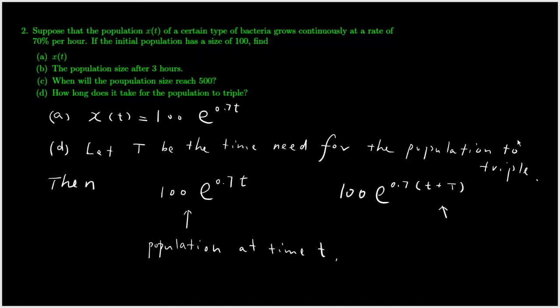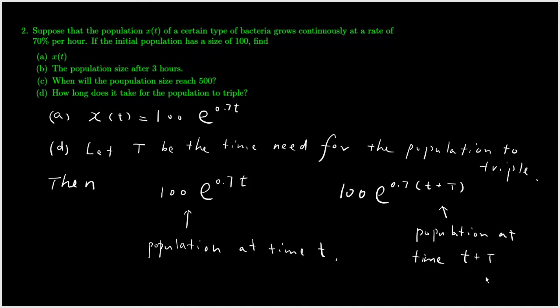So this is the population at the time t plus uppercase T. And then after uppercase T, the population size will triple.